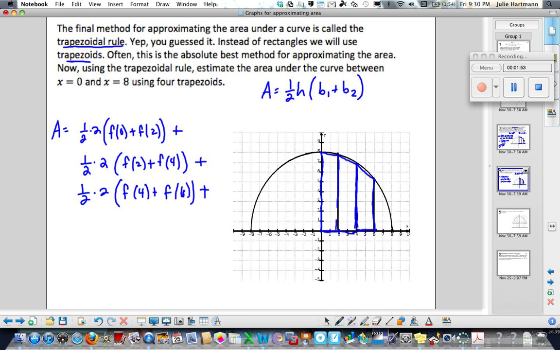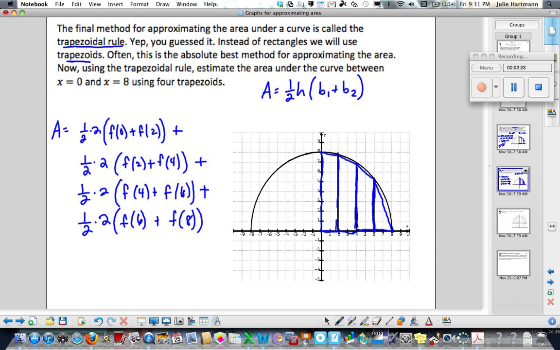And finally our last rectangle, or trapezoid, I'm sorry, 1/2, the height between 6 and 8 is 2. Base 1 is f of 6. Base 2 is f of 8. It's really a triangle, which is fine to keep as a trapezoid, because that f of 8 is just going to be 0. So there you have it. That is how we estimate with trapezoids.